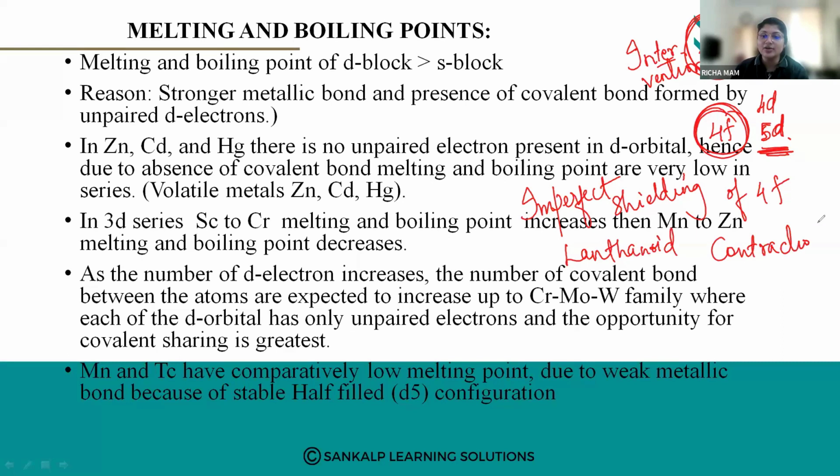So what do you mean by lanthanide contraction? Important. Mark this as important. What is lanthanide contraction? The intervention of 4f orbitals, that is, the filling of 4f orbitals, results in decreasing atomic radius, and because of imperfect shielding of 4f electrons, this is called lanthanide contraction.